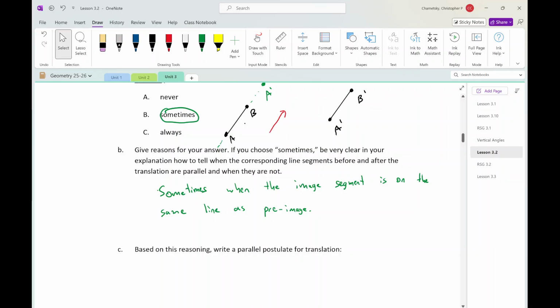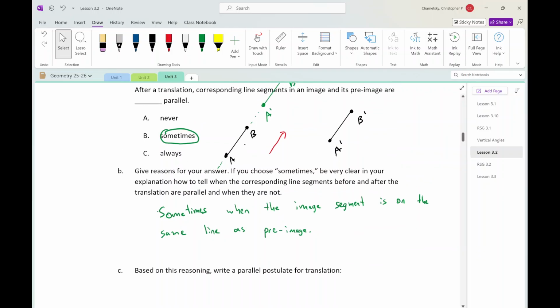All right, so let's write a postulate for this, basically summing this up.